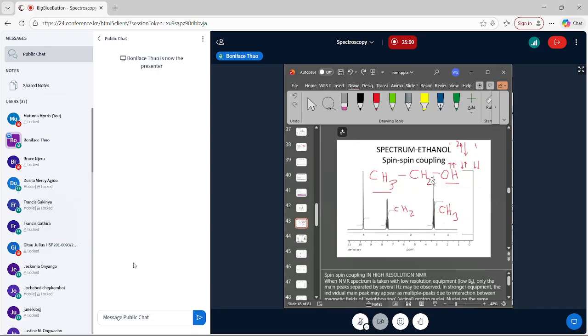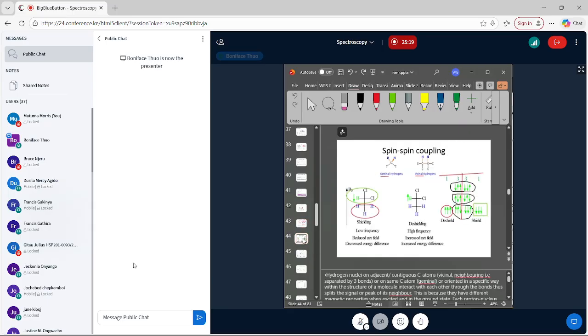The methylene protons will not split the peak from the hydroxyl group, and therefore it appears as a single peak, with no spin-spin coupling.